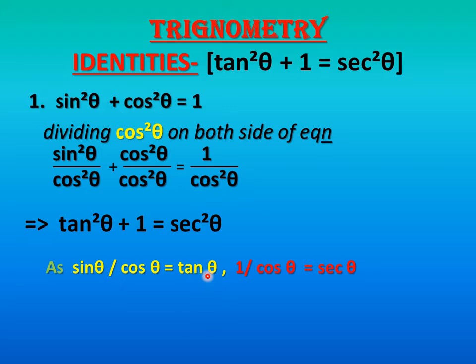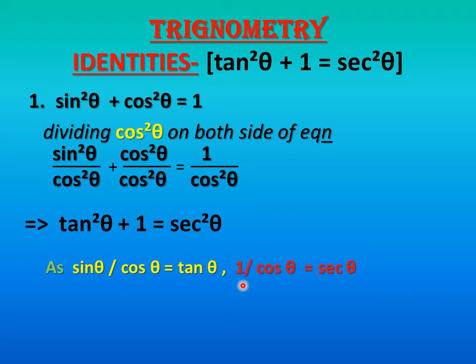What is tan theta? Tan theta is the opposite side upon the base side. So sine theta is the opposite side upon the hypotenuse, and cos theta is the base side, or the adjacent side, upon the hypotenuse. So the denominators get cancelled, and we get the opposite side upon the adjacent side, which is equal to tan theta.